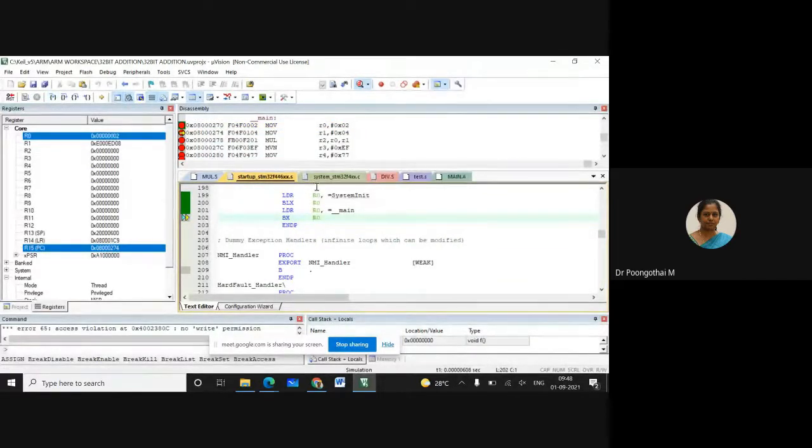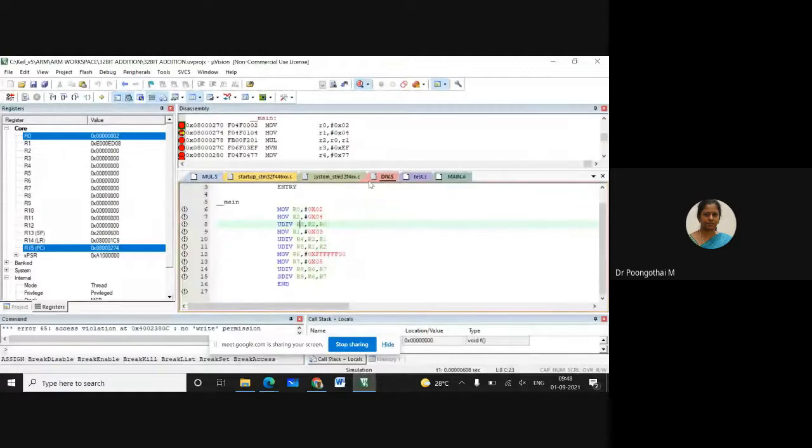After execution of the first instruction, your R0 is loaded with 02. Are you able to see the screen? The Keil microvision screen? Okay. Yes, ma'am. R0 is loaded with 02, and R1 is loaded with 4. I'm going to divide 4 by 2.